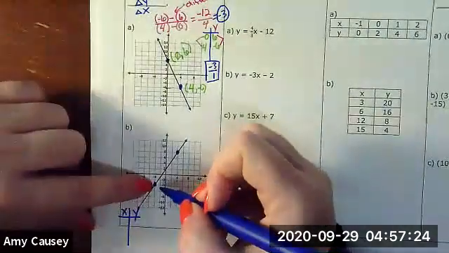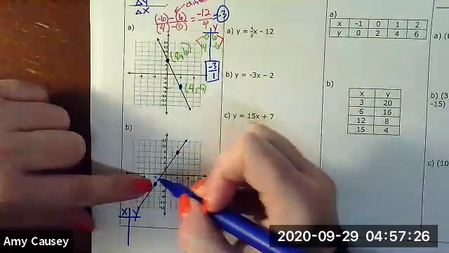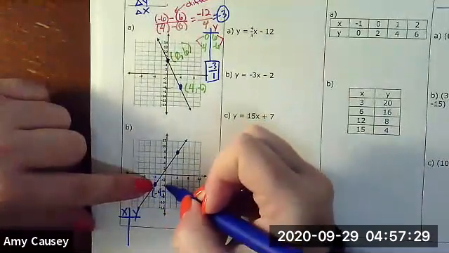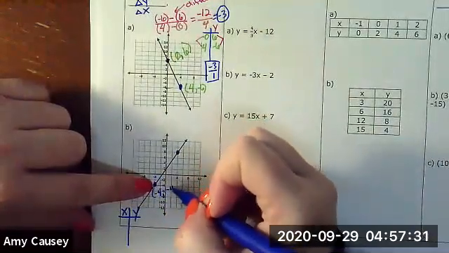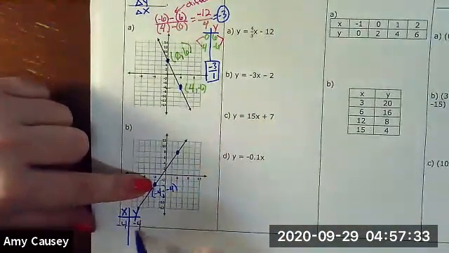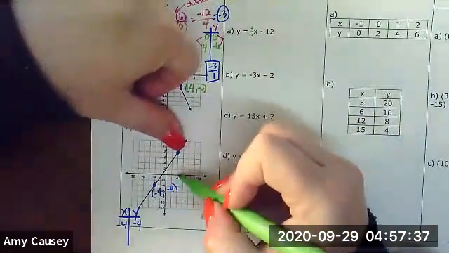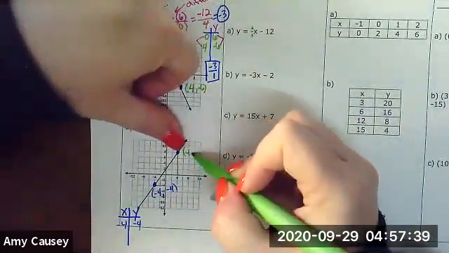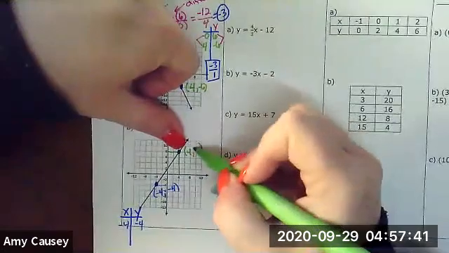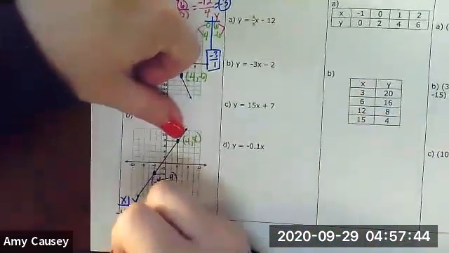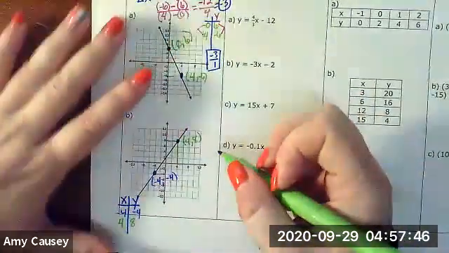So let's start with this one. The x is -4, and the y is -4. So I've got -4, -4. On this one, my x is 4, and my y is 8. So go ahead and write it in our table.